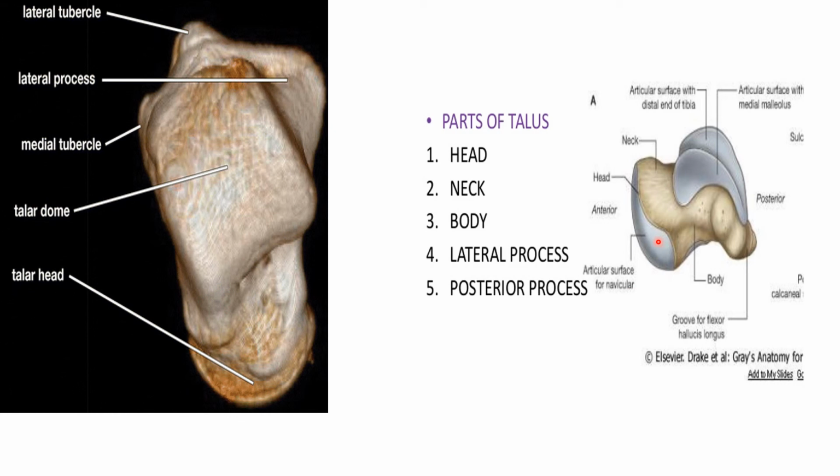The upper surface of the body is covered by a large trochlear articular surface which articulates with the lower end of the tibia.